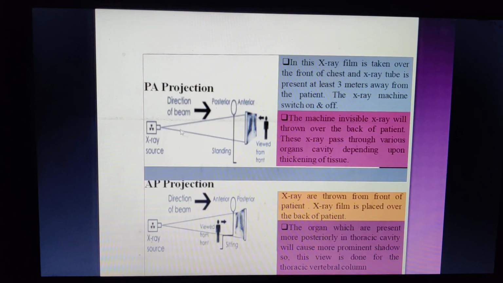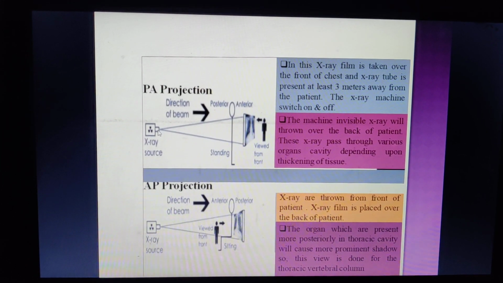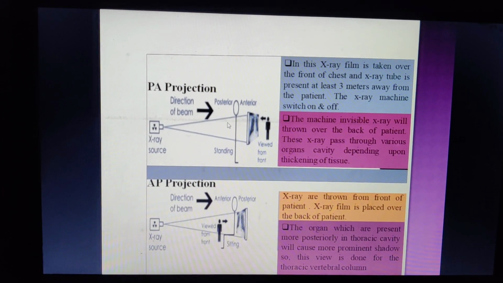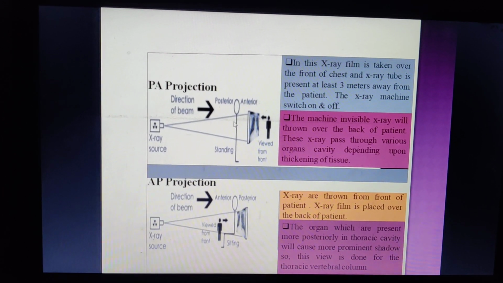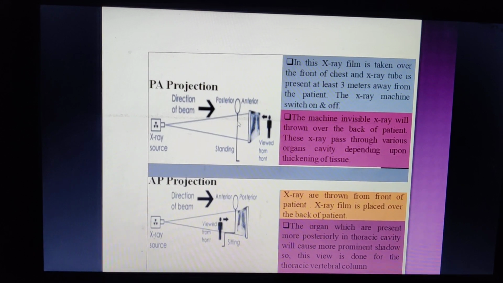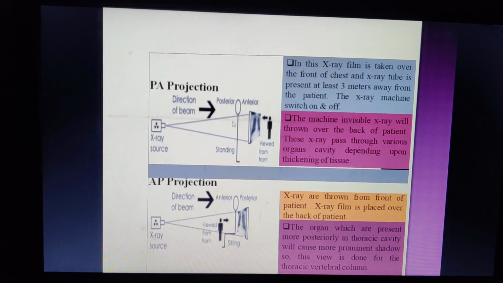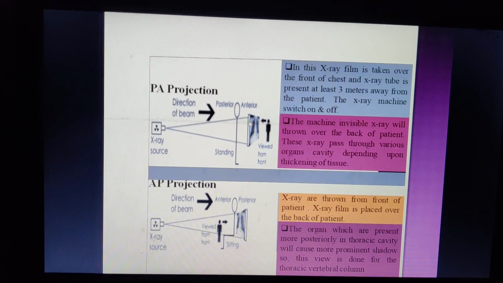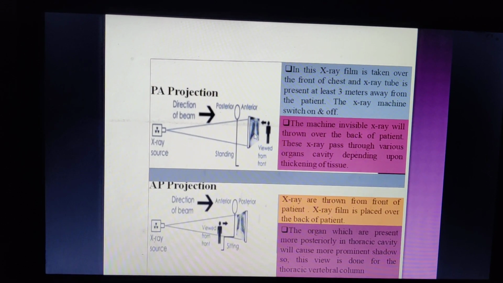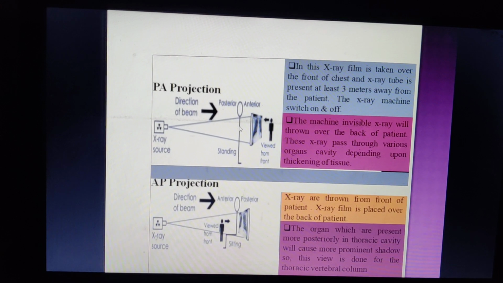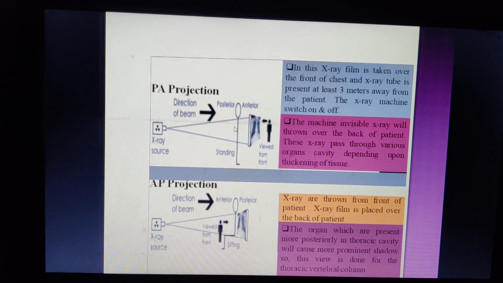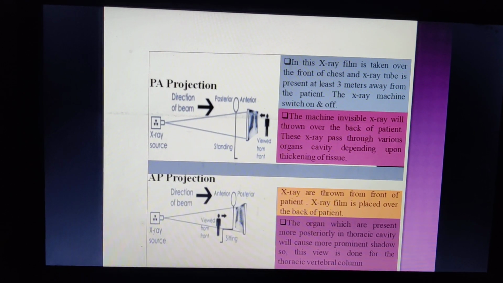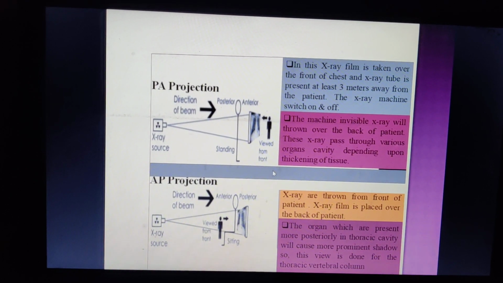So the X-rays will be thrown over the back of the patient and pass through the cavity, from posterior to anterior side, and an X-ray film is formed. This view is used to see abnormalities in organs like lungs and heart.